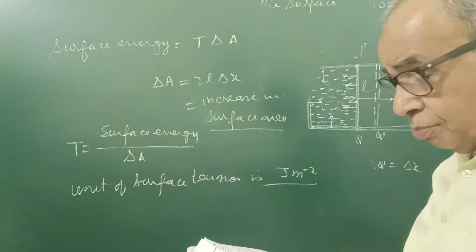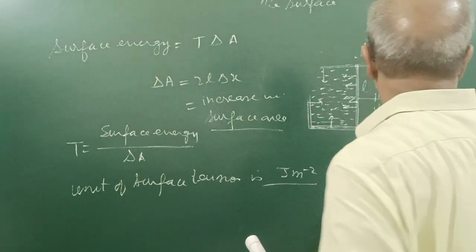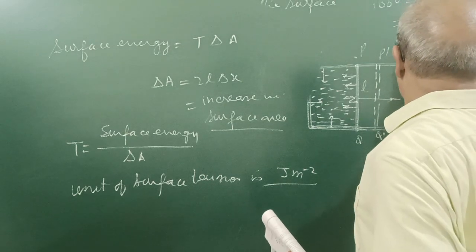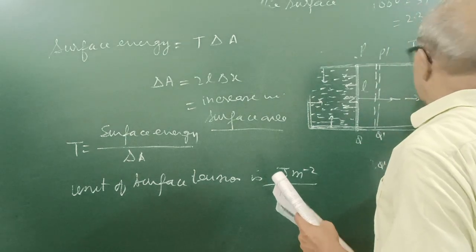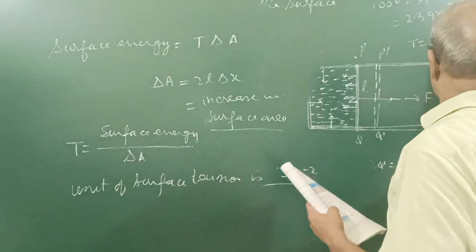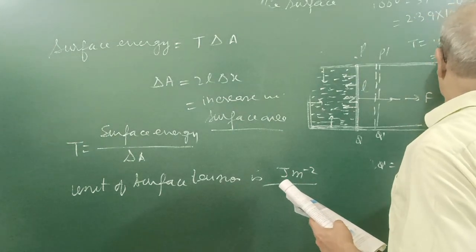Water at 20 degree centigrade, surface tension of water is 0.0727, or you will do 0.073.